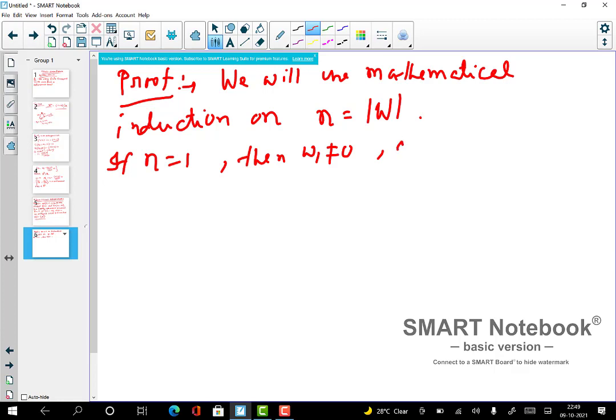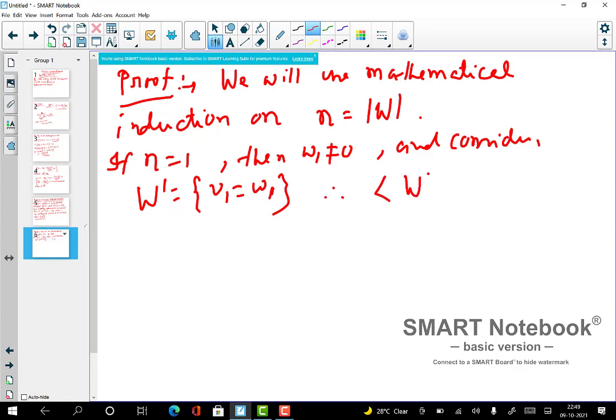Then consider W dash equal to V1, which is equal to W1. So you choose V1 equal to W1 itself, and that tells you this is orthogonal. A singleton element is also orthogonal. So this is trivial, right? And not only that, they span the same space.